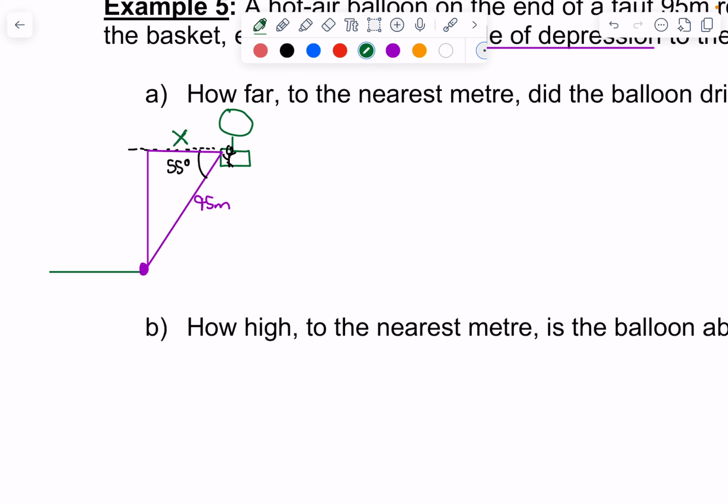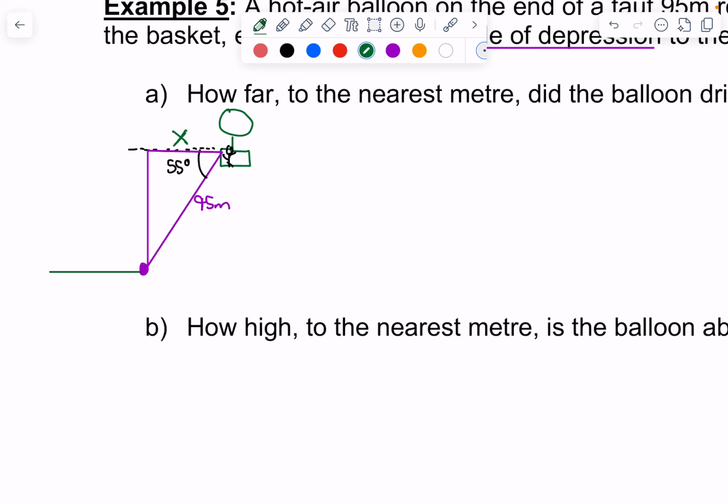Think about what we have right now. We can see that we've created a 90-degree triangle here, okay? You've just gone up, and the ground is always flat, so that makes that 90 degrees. So if that's 90 degrees, this 95 would be the hypotenuse. And relative to that 55, this x right here would be the adjacent.